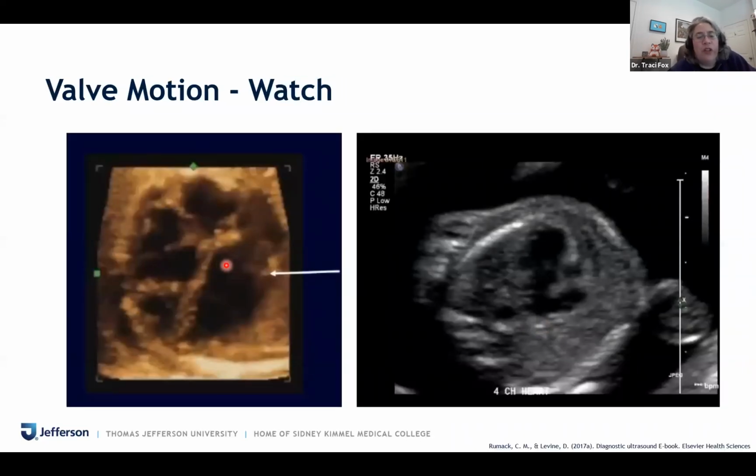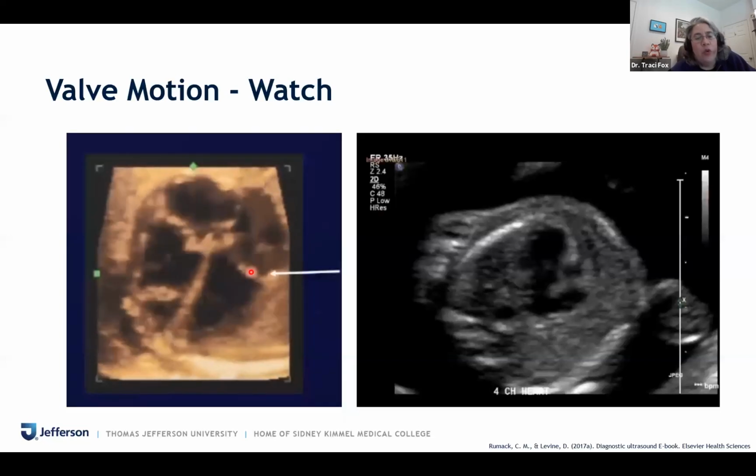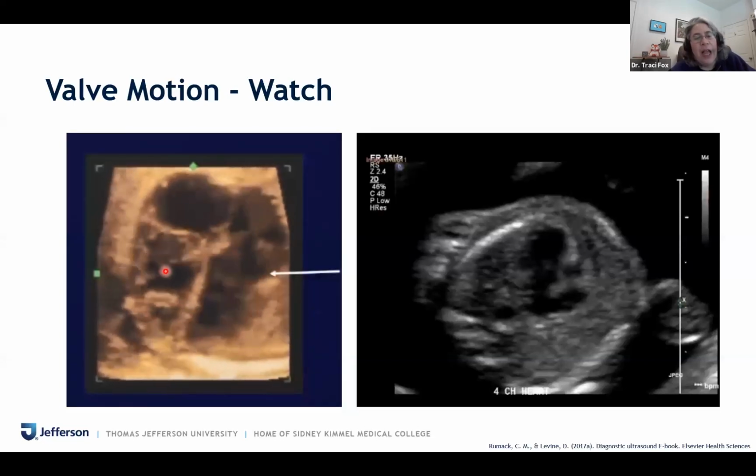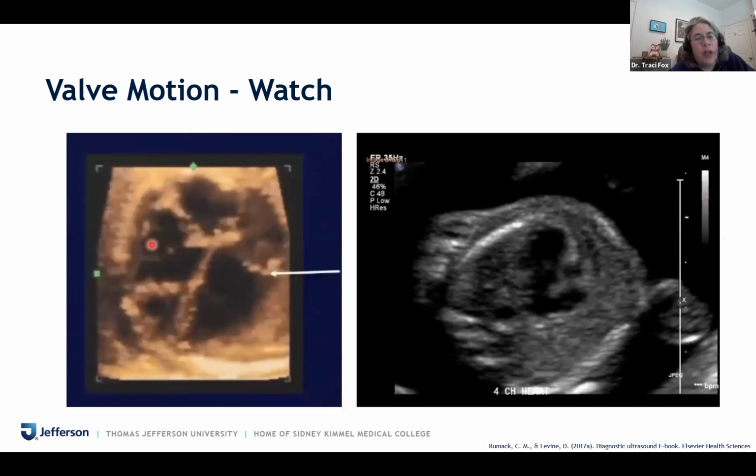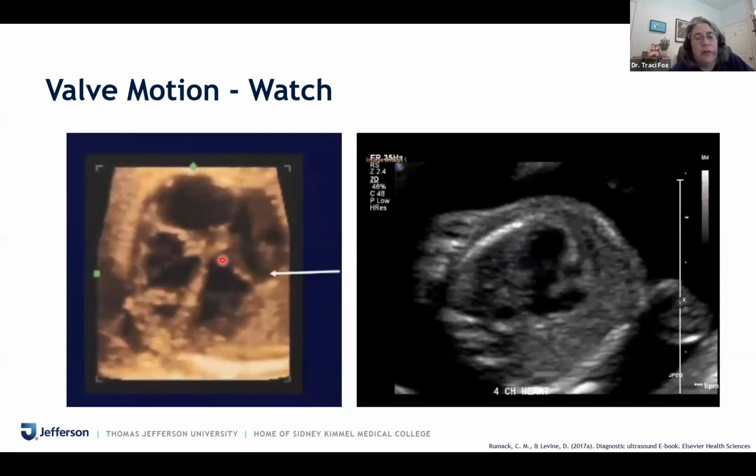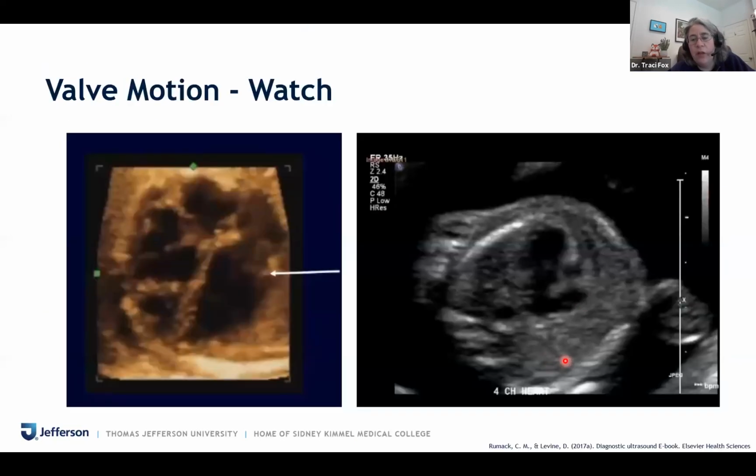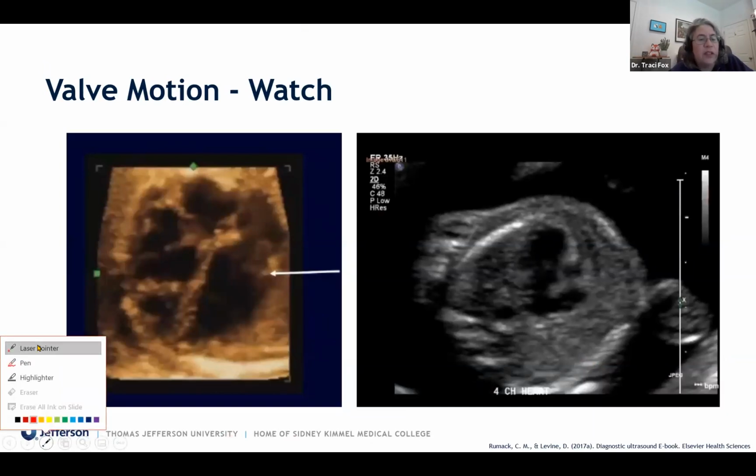Valve motion. Watch the valve motion. Okay, when we look here, we see 2 valves that are flapping away and have pretty symmetrical motion. Watch the, oops, where's my video? Uh-oh, hold on. Let me get out of my laser pointer here so I can play the video. For some reason, it's not playing.